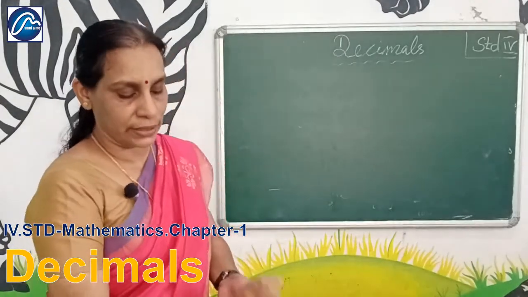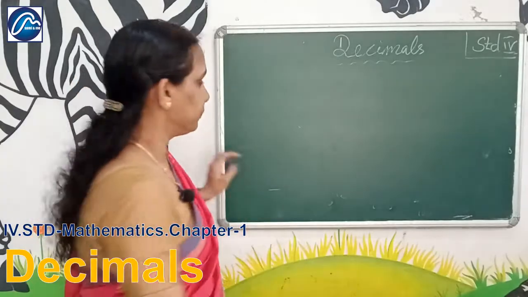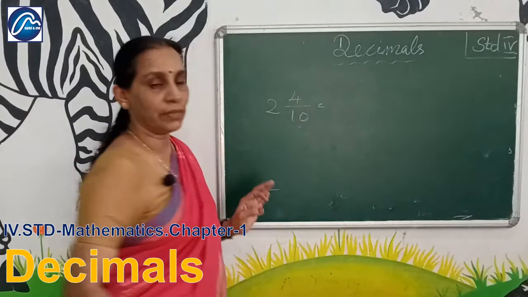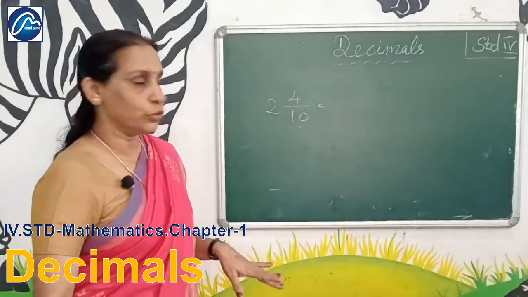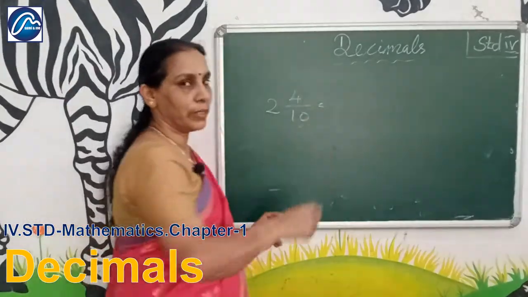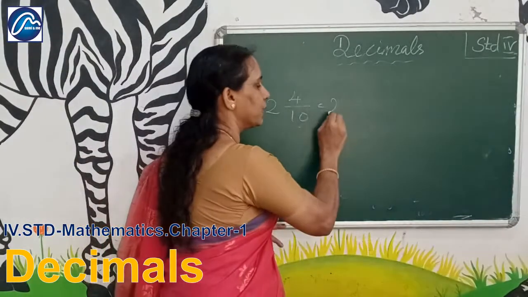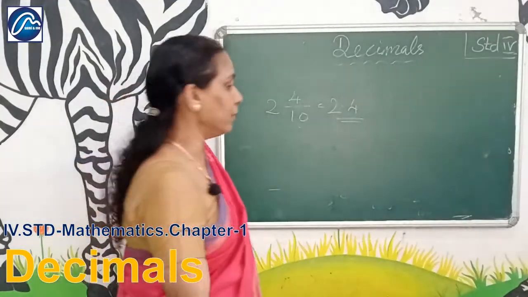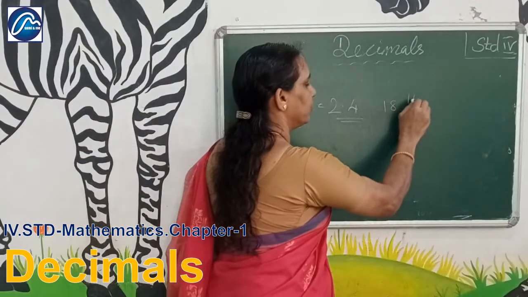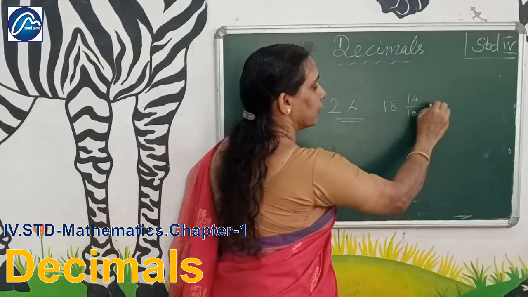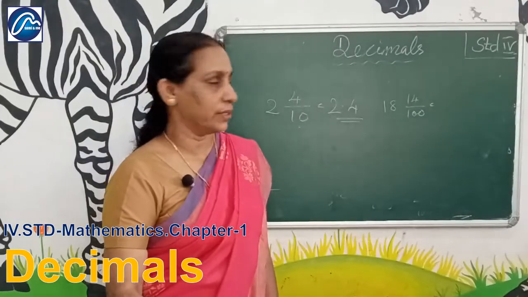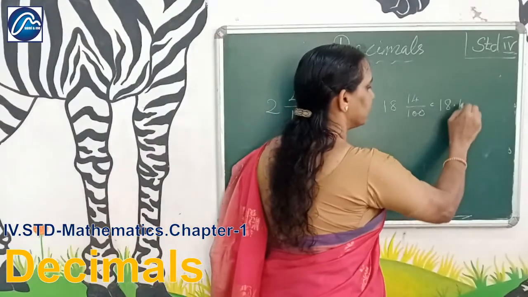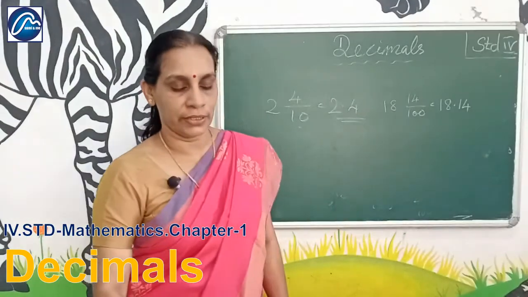Now if it is a mixed number, a mixed fraction, how will you write it? 2 and 4 by 10. Normally 4 by 10 is 0.4, so we will write 2.4. Okay. 18 and 14 by 100 is a mixed fraction, so 18.14.